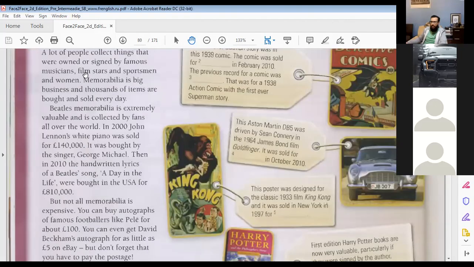So, and we need to find both types of passive. So present simple passive, past simple passive. Can you find them?